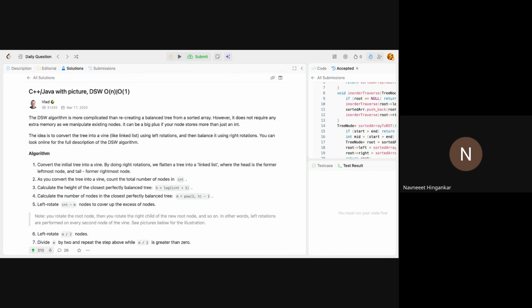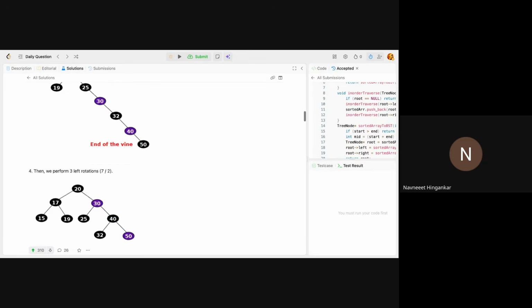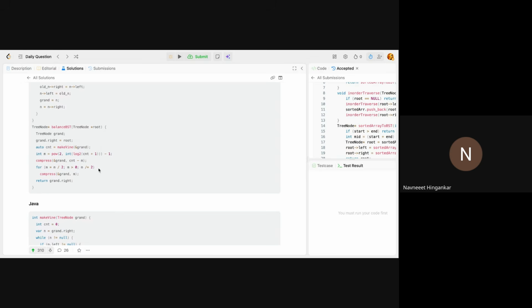Once that conversion into a linked list is done, all we are trying to do is, because initially what we had was an index, right? We had the index, so we could easily do the recursion, but now we don't have the index, right? So to handle that, they are using some kind of algorithm, this for m equal to m by 2.